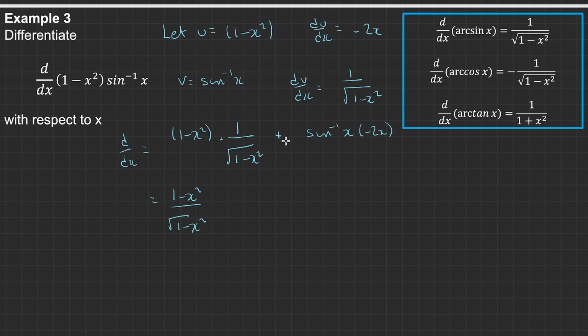I'll move this negative to the front, so minus 2 arc sine of x multiplied by x. And for this expression, where we can simplify this, if we have this raised to a power of 1 divided by the same raised to a power of a half, well, this becomes 1 minus x squared to the power of a half, which is the square root, minus 2x arc sine of x. So this will be the derivative for this function.